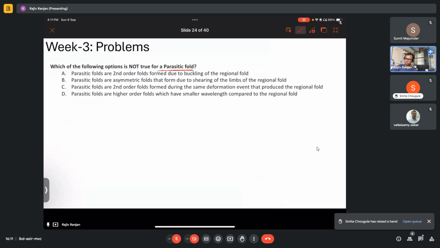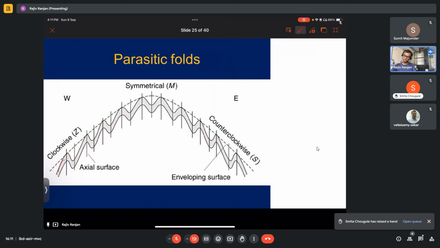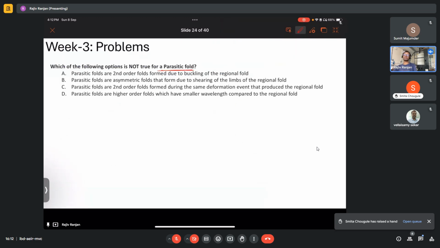Now try to come here and try to solve. The interesting part is, with these parasitic folds, if you have the largest fold, this becomes symmetry. You can see the symmetry, right? Now come to the question and try to solve it.